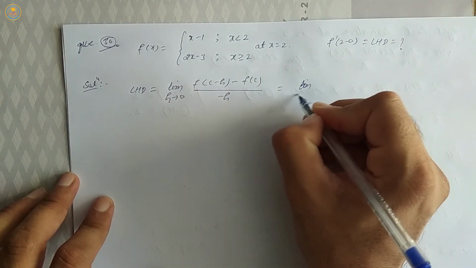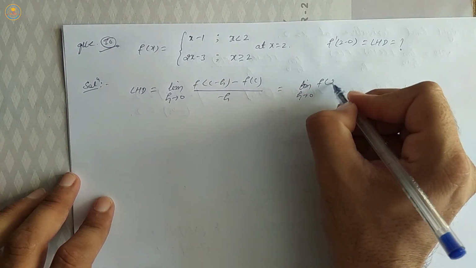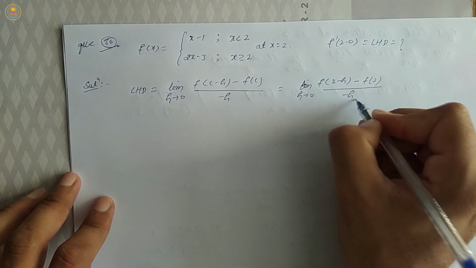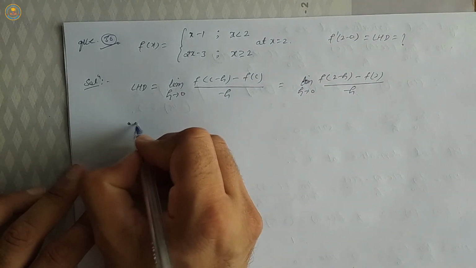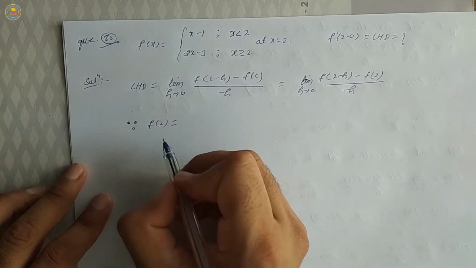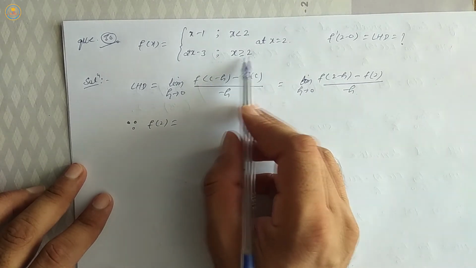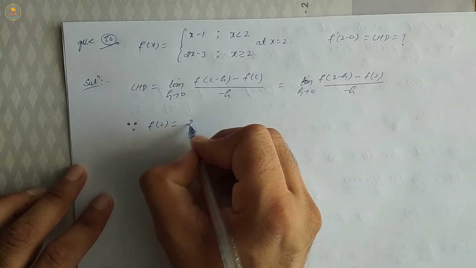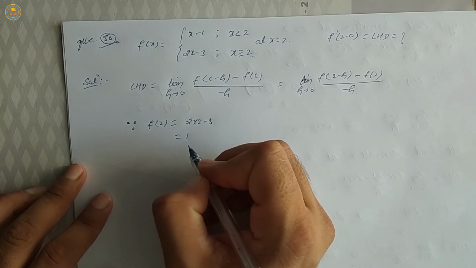Limit h tends to 0 of f(2 - h) minus f(2) by minus h. Because f(2), x is equal to 2: when x is greater than or equal to 2, the value of f(x) is equal to 2x minus 3. It means 2 into 2 minus 3 is equal to 1.